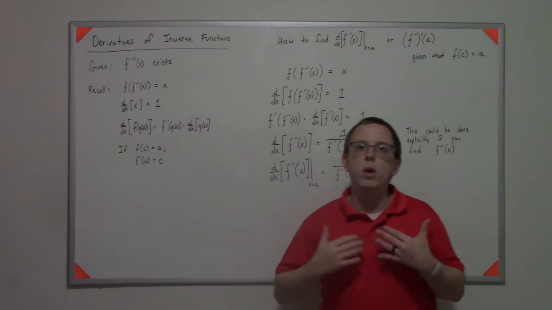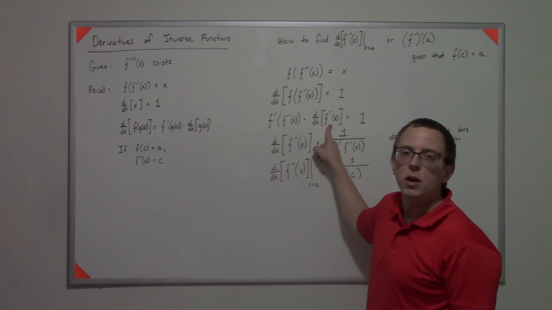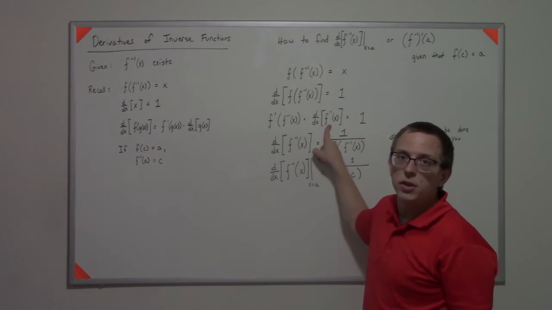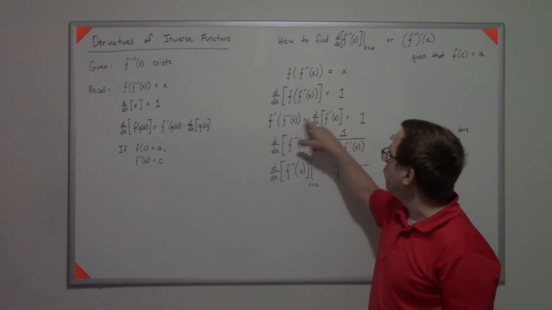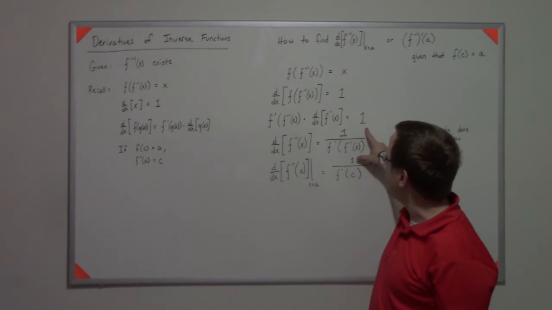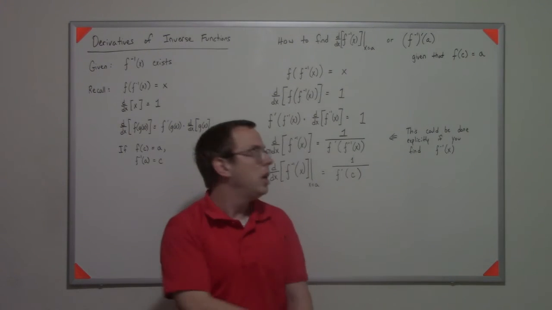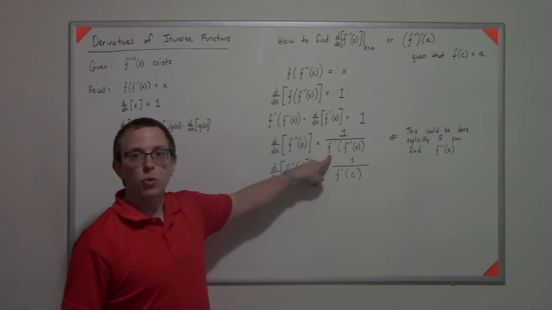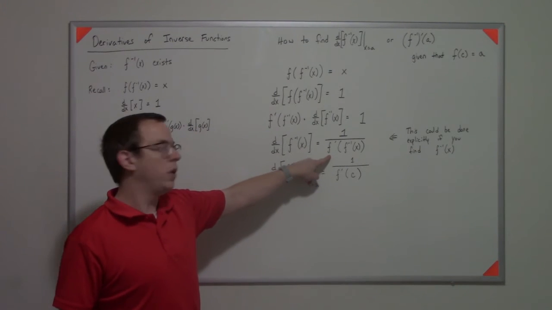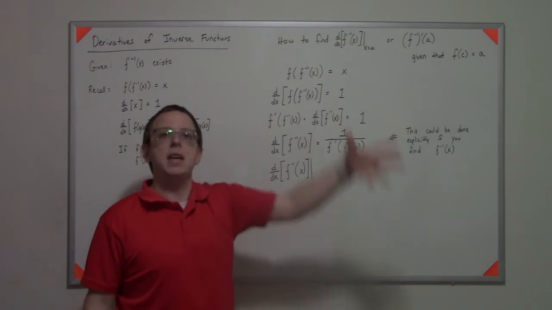So all that's equal to 1. But if you think about it, what am I trying to find? I'm trying to find this derivative here. So I can isolate this derivative by itself by simply dividing out this piece. I can just take this and divide it over here, and I can say, okay, so the derivative of the inverse function is 1 over the derivative of the original function, but instead of plugging in x, you plug in the inverse function.